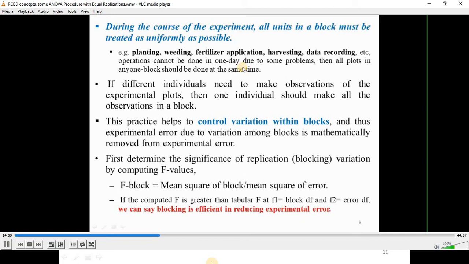Whereas if different individuals need to make observations of the experimental plot, then one individual should make all observations in a block.